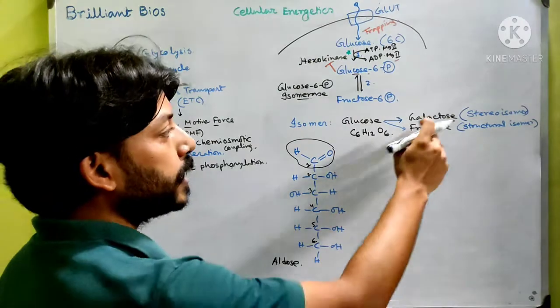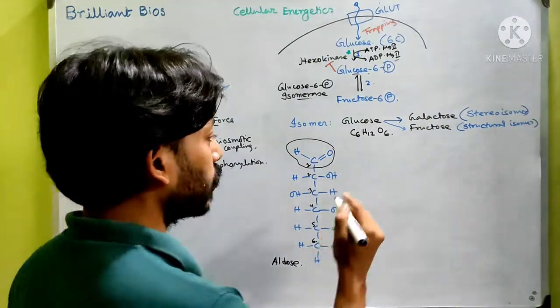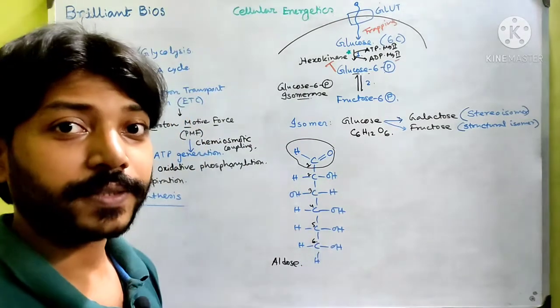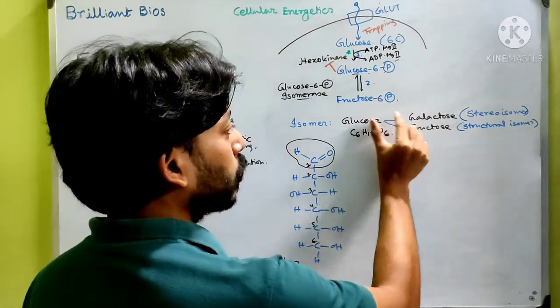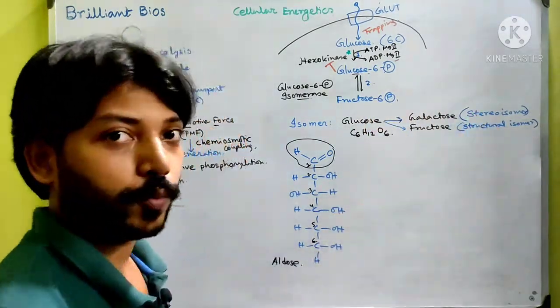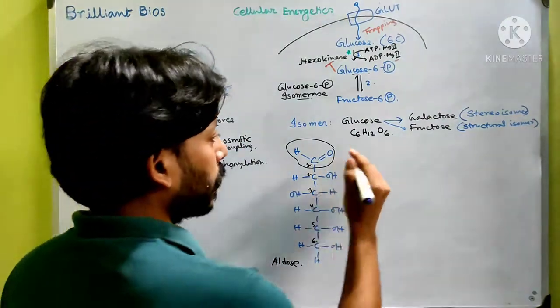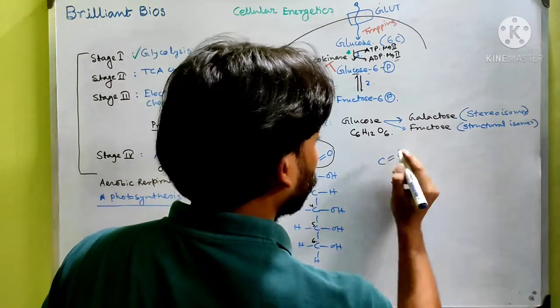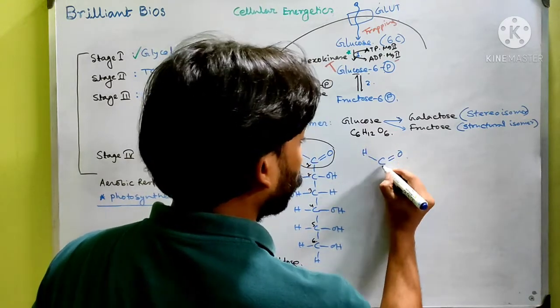If I draw the linear structure of galactose, it will look the same because it has all the same atoms, but somehow it differs from glucose by stereoisomerism, that is, it is a mirror image. So let me draw the galactose, CHO.